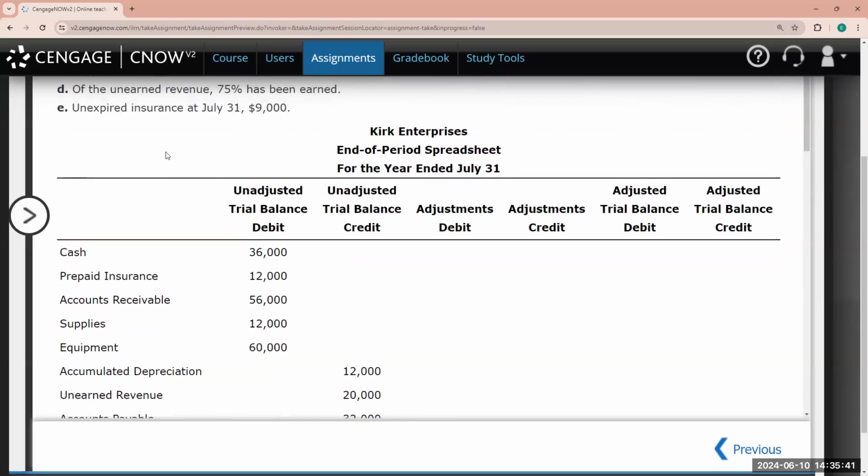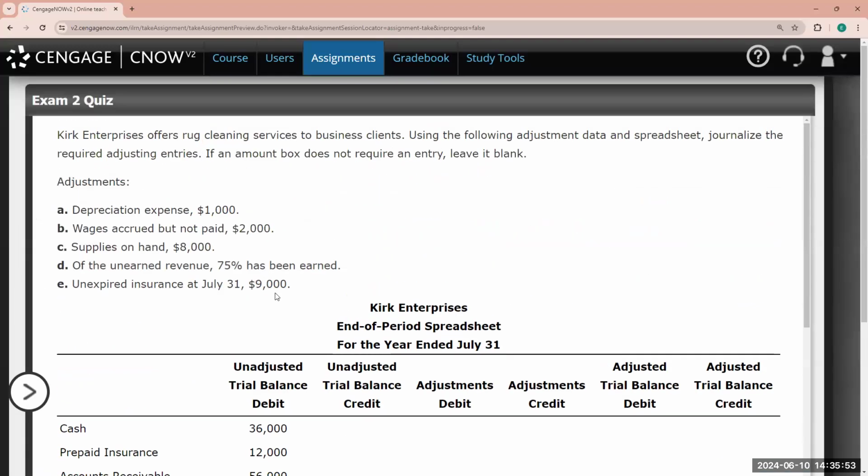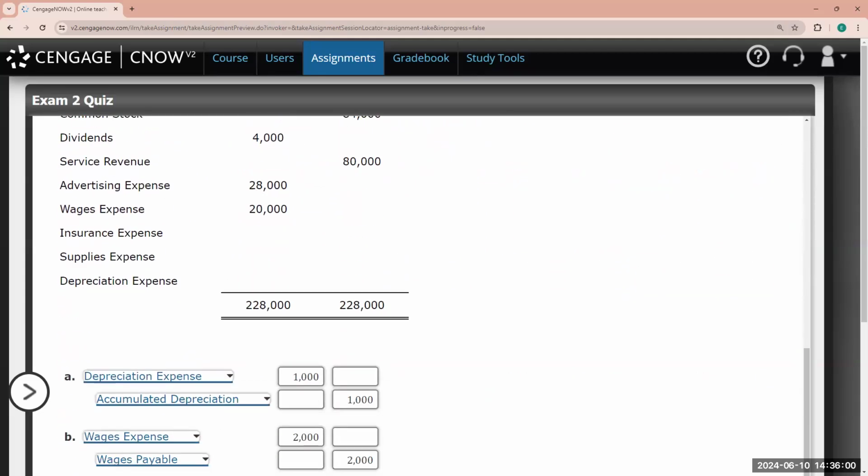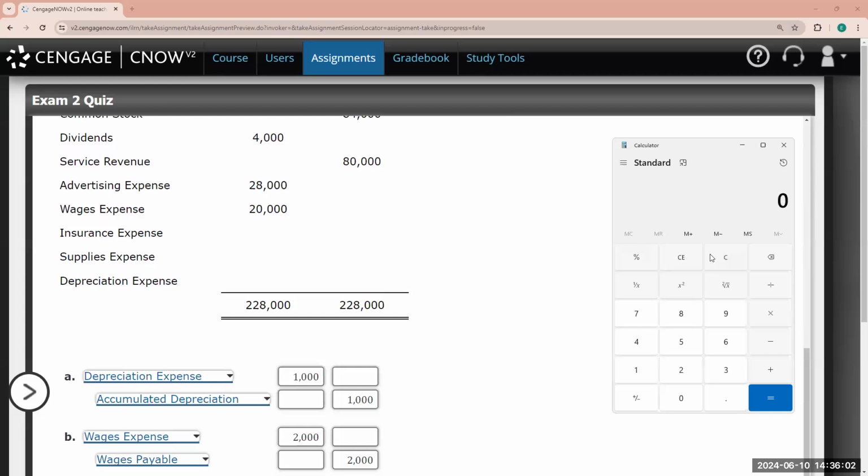And now for the last part of the problem, it says unexpired insurance as of July 31st is 9,000. So here we see our beginning balance for our prepaid insurance was 12,000. And the problem is letting us know that the unexpired amount is 9,000. So what that lets us know, we started off with a balance of 12,000 and we have 9,000 left.